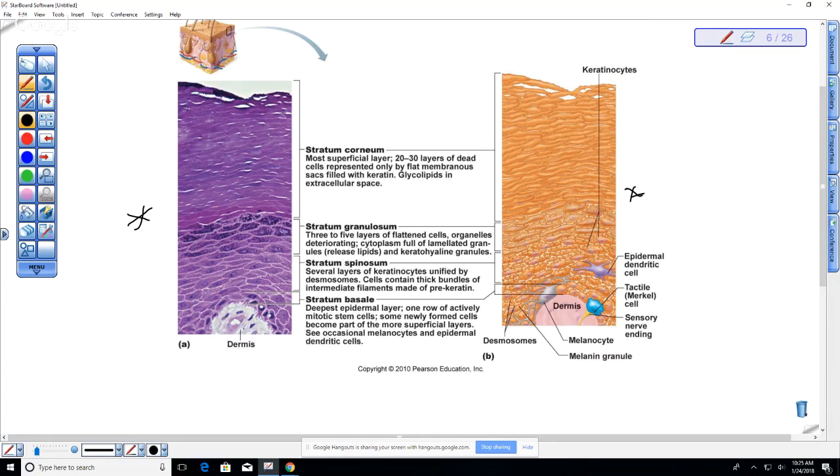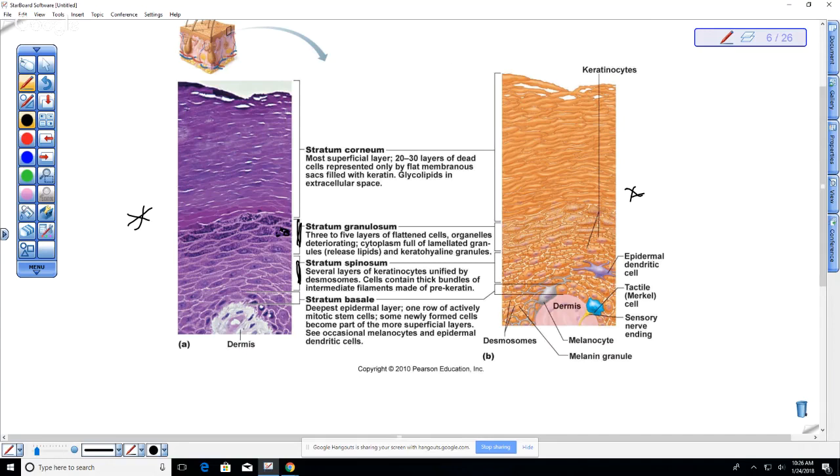This is the stratum spinosum right here, the stratum granulosum, and in the granulosum, you can actually see that these cells have a nucleus, and then they have all these little vesicles in them that are going to produce the glycolipids. And then this outer layer is the corneum.